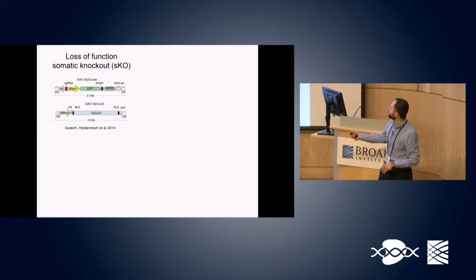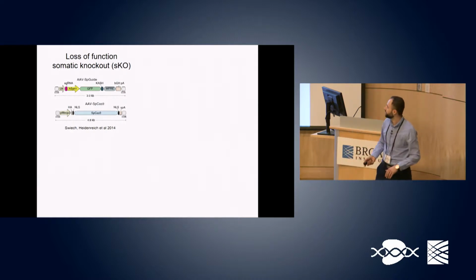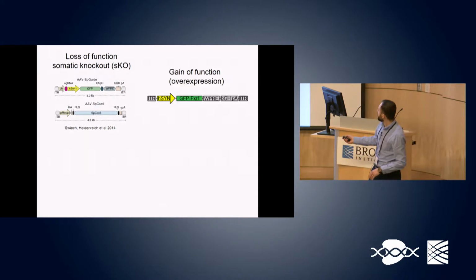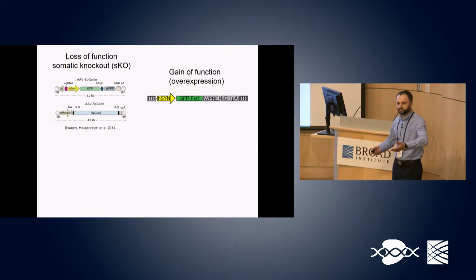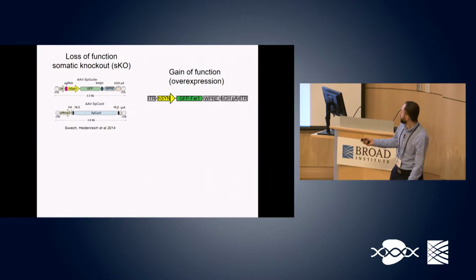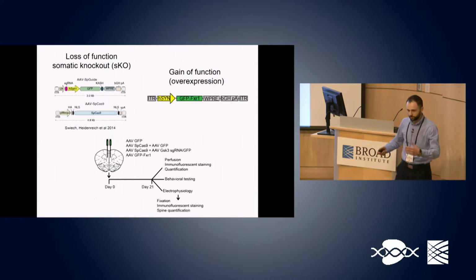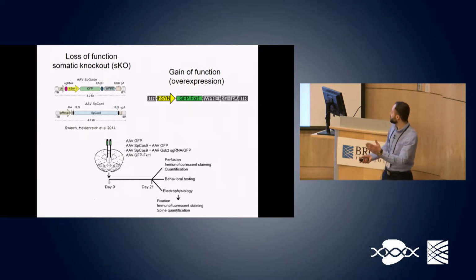So we encoded Cas9 in one AAV virus and the guide and GFP in the second one. The system was developed in Dr. Zhang's lab and was kindly provided to us. And to overexpress genes, we simply used GFP-tagged genes and delivered them again by AAV viruses. All the viruses were injected in the medial prefrontal cortex of mice with appropriate controls, of course, and 3 weeks after, various tests were undertaken.